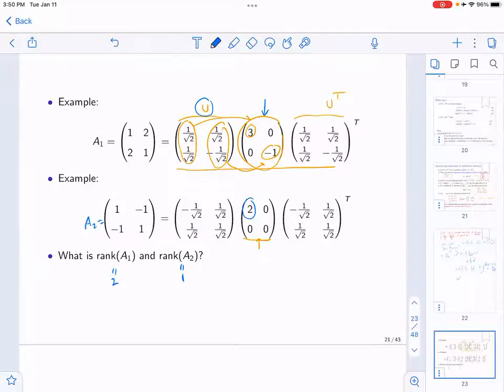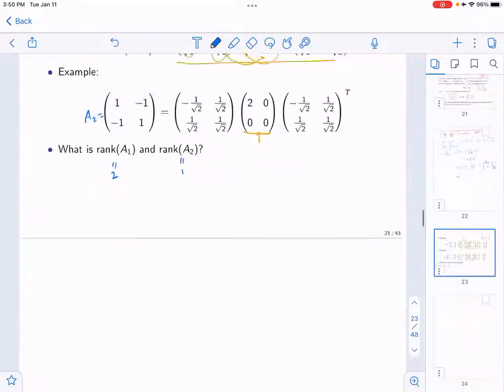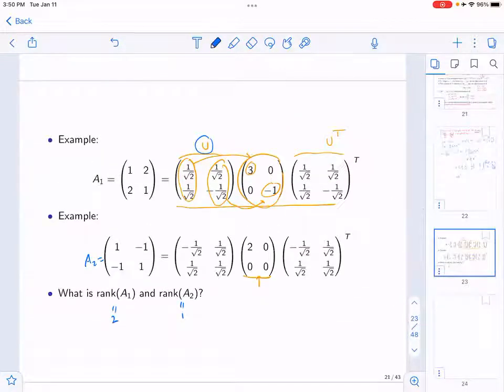So the rank of this is 2 because there are 2 non-zero elements, and the rank of this is 1 because there's just 1 non-zero element. So that's one easy consequence. There's another consequence related to the thing we want to talk about in a few seconds. But any other questions here?